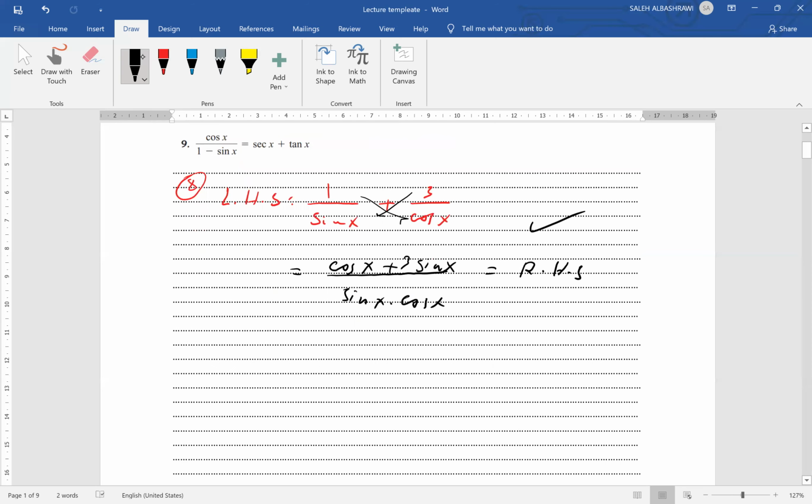For number 9, I have the left-hand side, which is cosine x divided by 1 minus sine x.